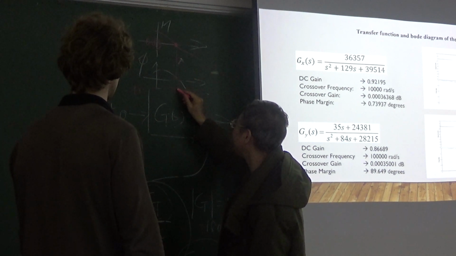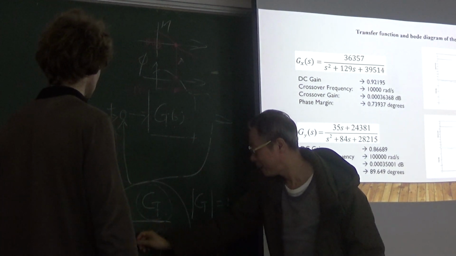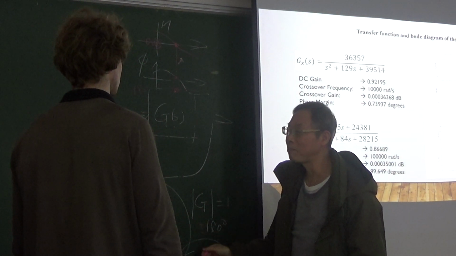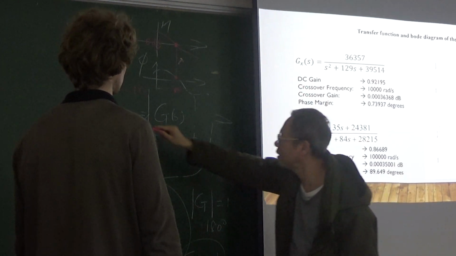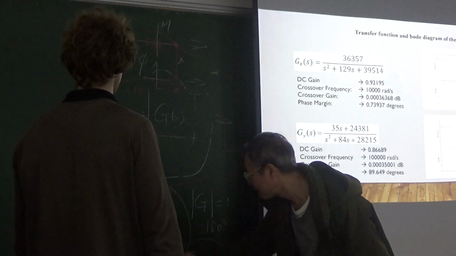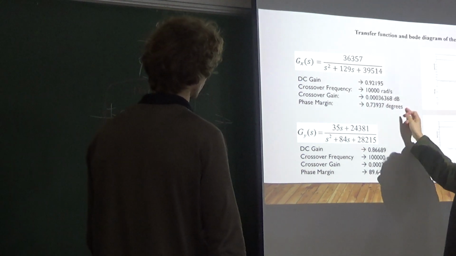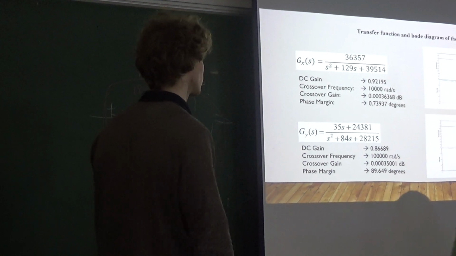If you are here, then this G will be -1, so it will be unstable. This is what we call phase margin and gain margin. But this G is already this one. So maybe you have a misunderstanding. It's not useful.